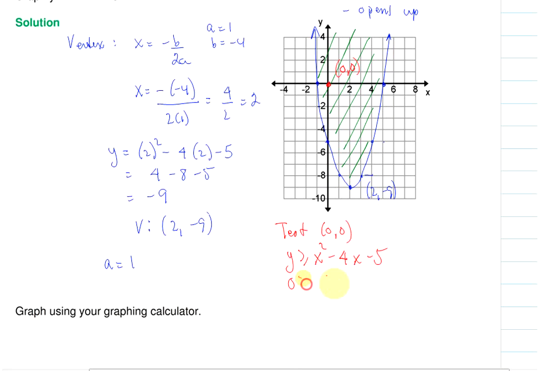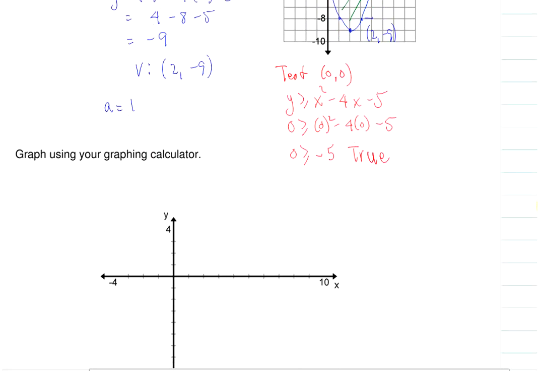Okay, so 0 for y, 0 for x, so 0 is greater than or equal to negative 5. That's true because 0 is greater than negative 5. It may not be equal to, but it is greater than, so we say true. And so we know that our shaded region is correct.